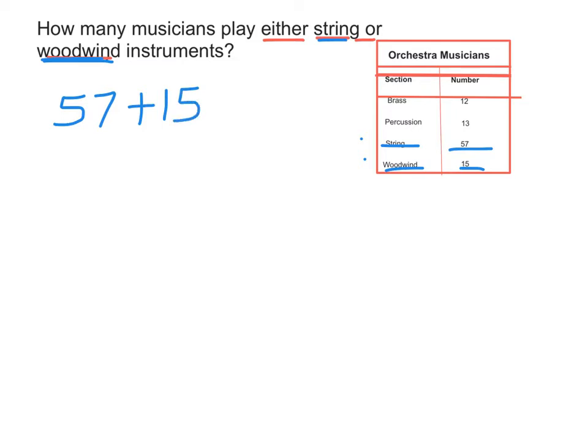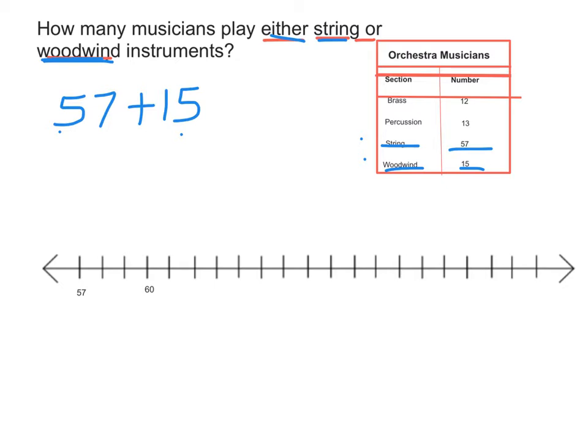So the musicians who play either string or woodwind instruments are 57 in string and 15 in woodwind. So one way in which we can solve 57 plus 15 is to count by tens and ones. And I'll show you how we do that using a number line.